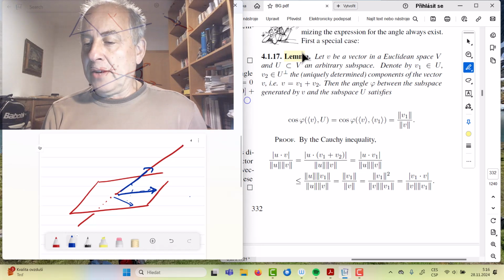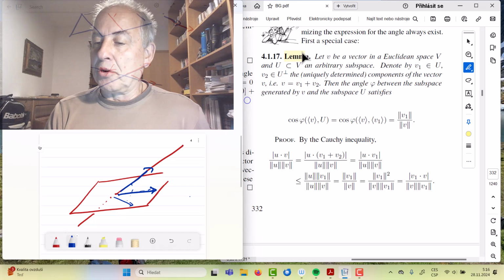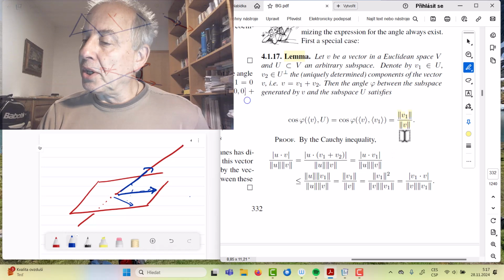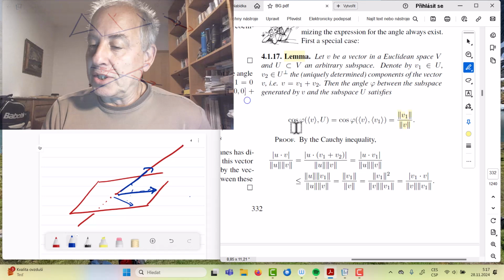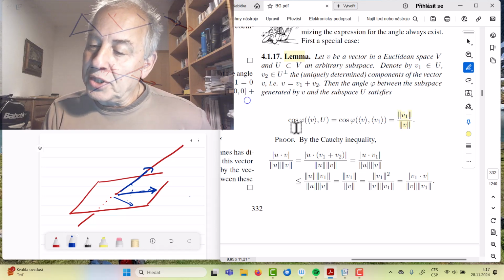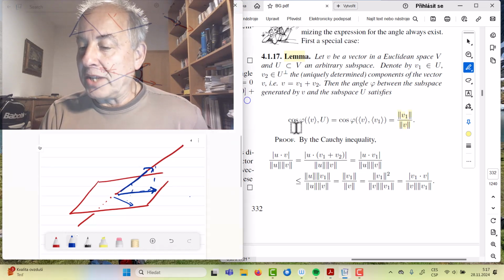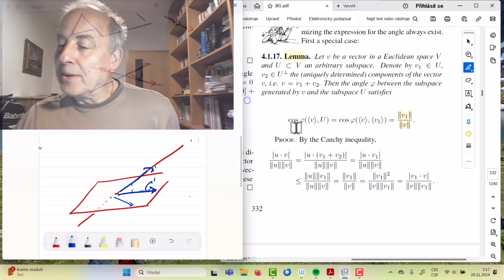So if the line would be in the plane, it doesn't shrink at all. If it was perpendicular, the vector completely disappears. And this is exactly this. The ratio, how much it shrinks, is the cosine. And that's because the cosine is just given by that, right? So this divided by this is cosine of the angle, right? We make the right angle here, and this is just how cosine is defined.